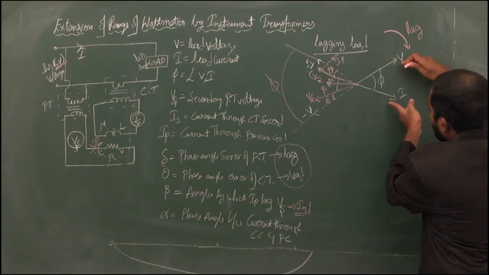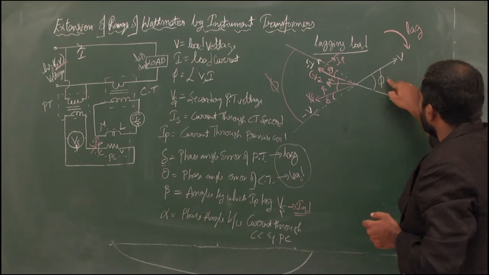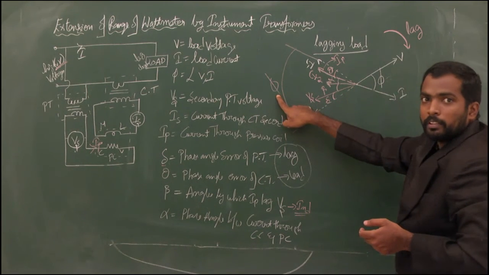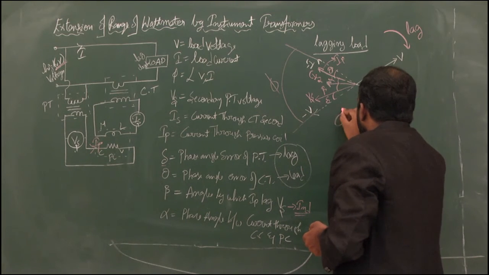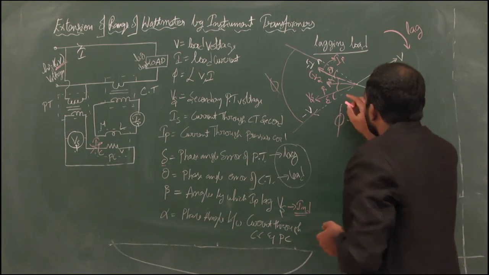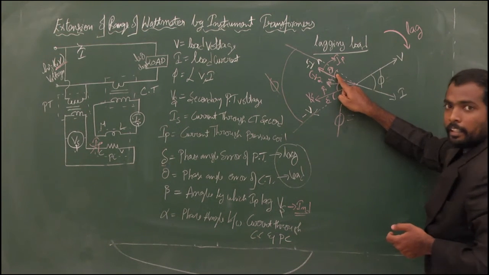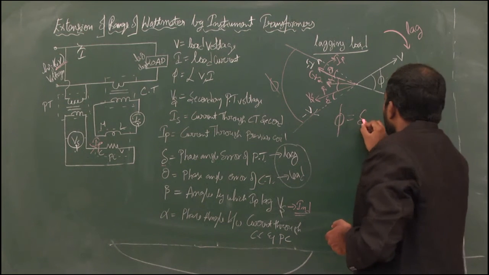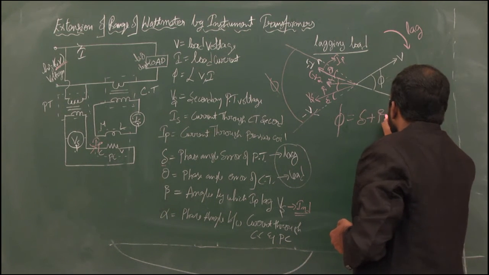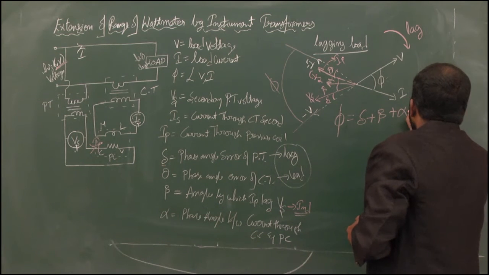Why? Simply because I am projecting my projections in the reverse direction, so whatever angle is present over here is equal to the angle projected over here. Now what will be the value of phi in this condition? The value of phi is equal to del plus beta plus alpha plus theta. So see here carefully, phi is equal to del plus beta plus alpha plus theta.